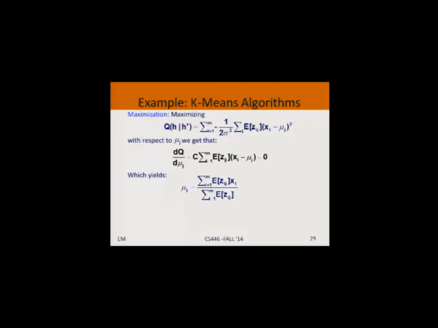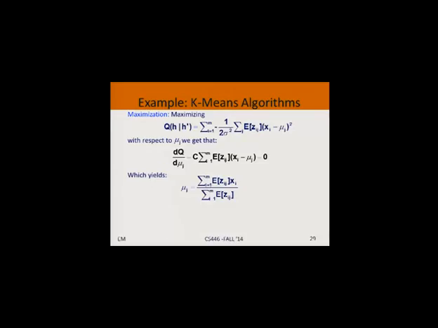Under this assumption, what am I doing here? For the case of mu j, I'm counting how many points came from the j distribution, how many times it's 1. All the rest are zeros, which is what you would have done had I asked you to do it.